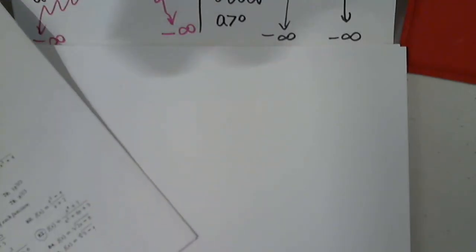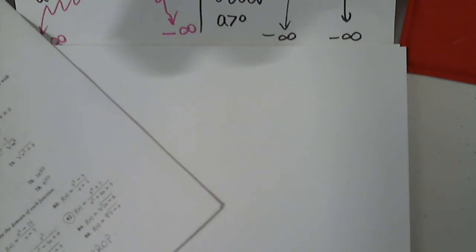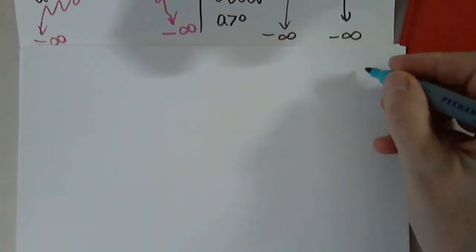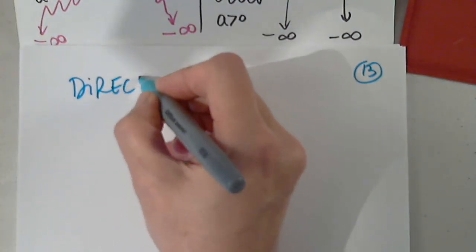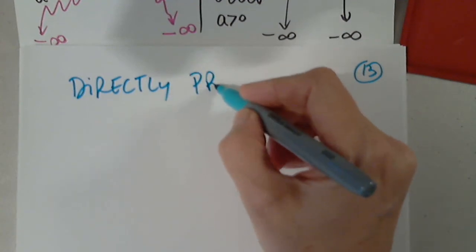So I reached my note, I don't want to forget, directly and inversely proportional. And then I'll stop because I would like us to work on something. So directly proportional.